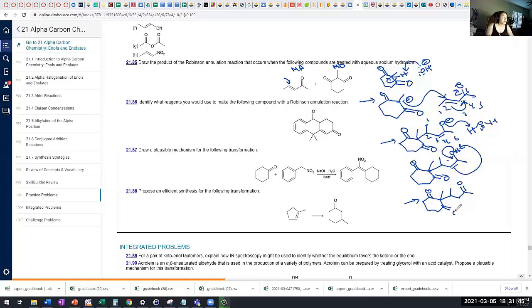And then since it's a Robinson annulation, the next step is to do the aldol condensation. So I'm going to take one of these hydrogens. Remember, there are 3. I'm just not drawing them all in because we are smart and we know that there are 3 there. So I make my enolate.